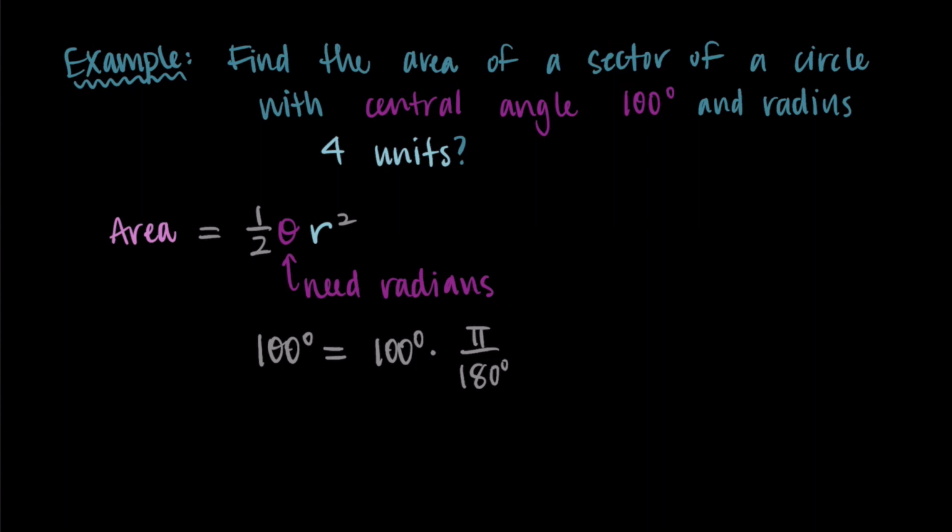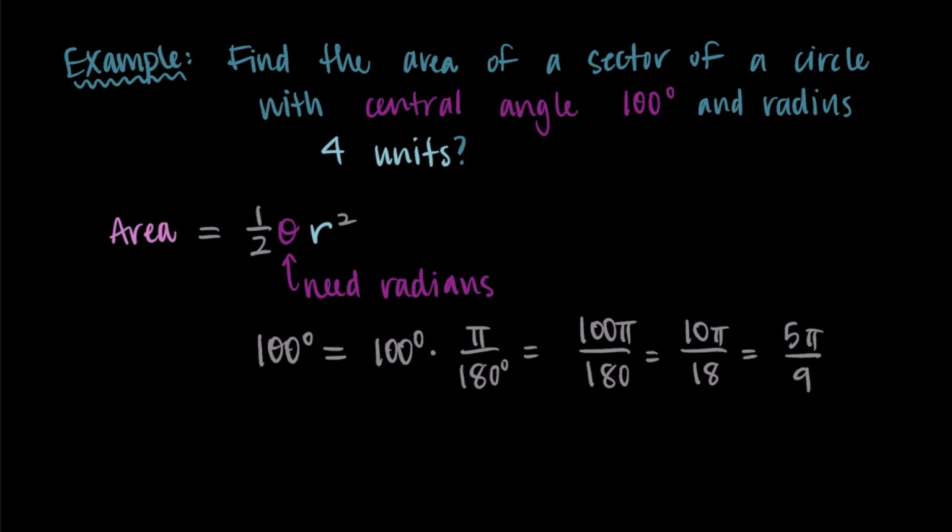This is like multiplying by 1 because pi and 180 degrees are equivalent. So when I multiply, I'm getting 100 pi over 180. Those degrees cancel. And then I'm just going to simplify the fraction by hand. First I'm dividing by 10, so I have 10 pi over 18. And then I'm noticing these are both divisible by 2. So I have 5 pi over 9. And so this would be my measure in radians.